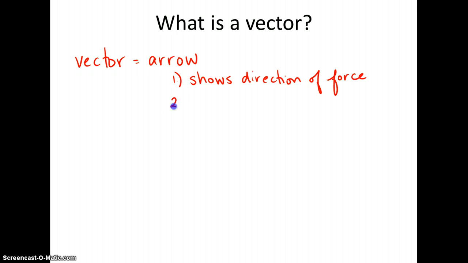And secondly, it also shows how much force. So for example, I'm going to draw a vector right here, in other words, an arrow. And this tells me that the force is either pushing or pulling to the right.